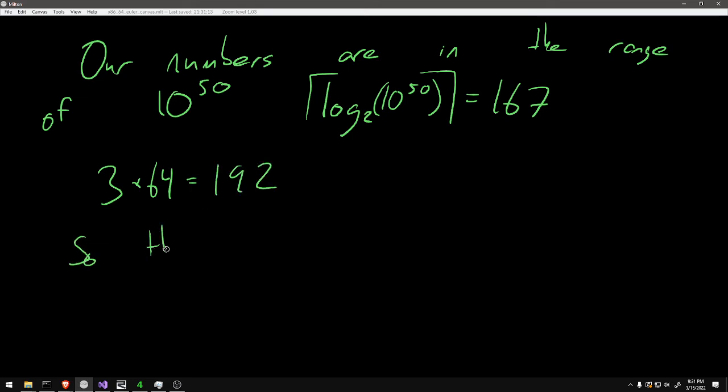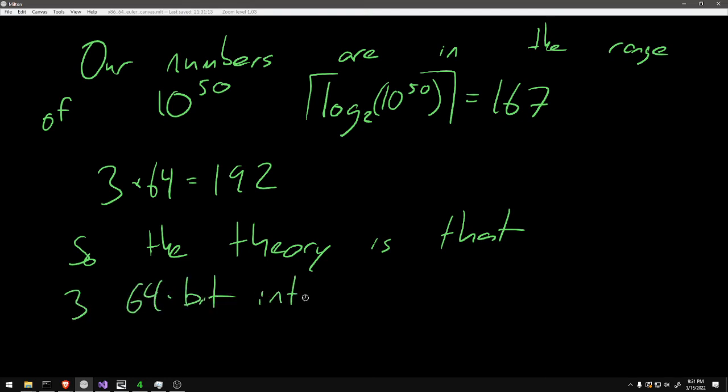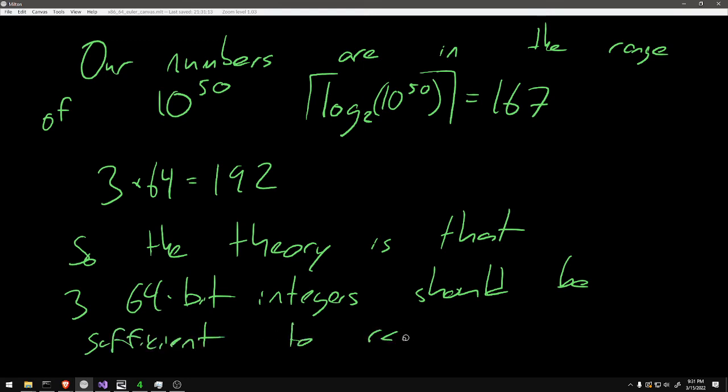So the theory is that 3 64-bit integers should be sufficient to represent our numbers. Right? And this gives us plenty of extra space. So you can see this is like 30 extra bits. 30 extra bits gives you a few billion, like a multiplier of a few billion above.